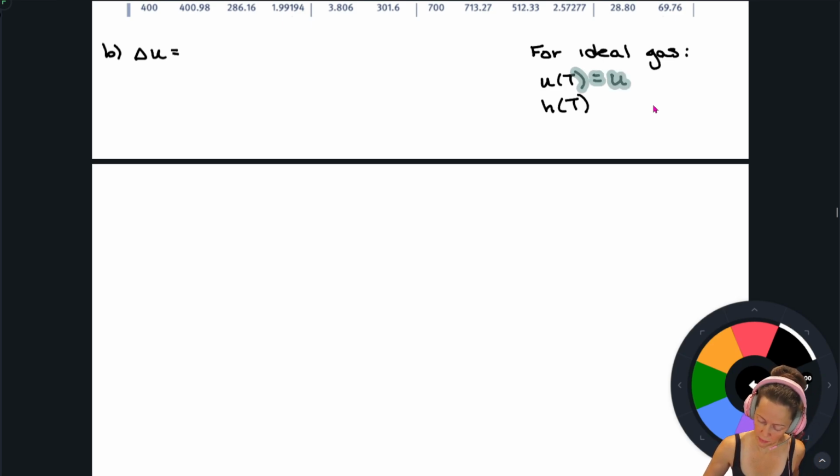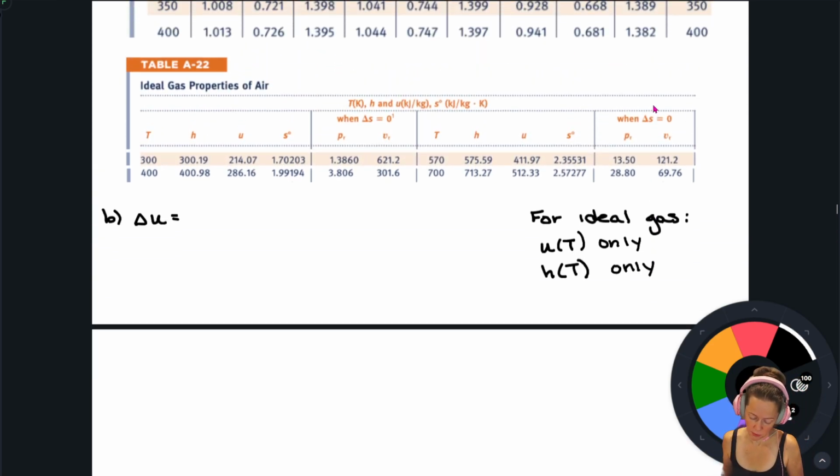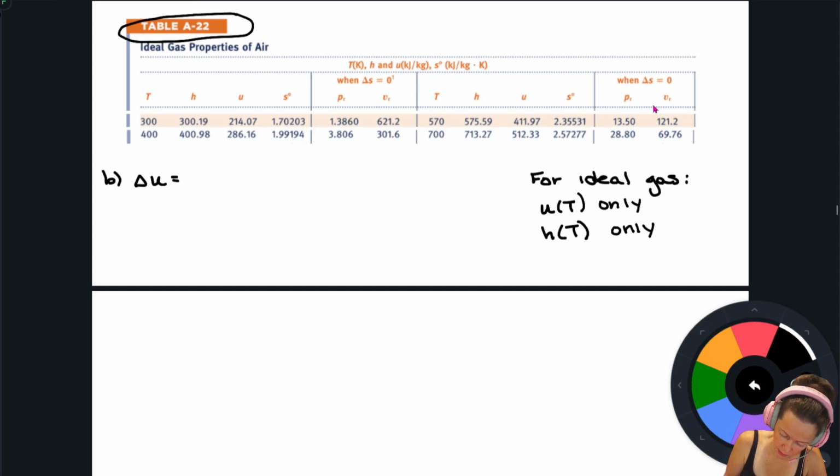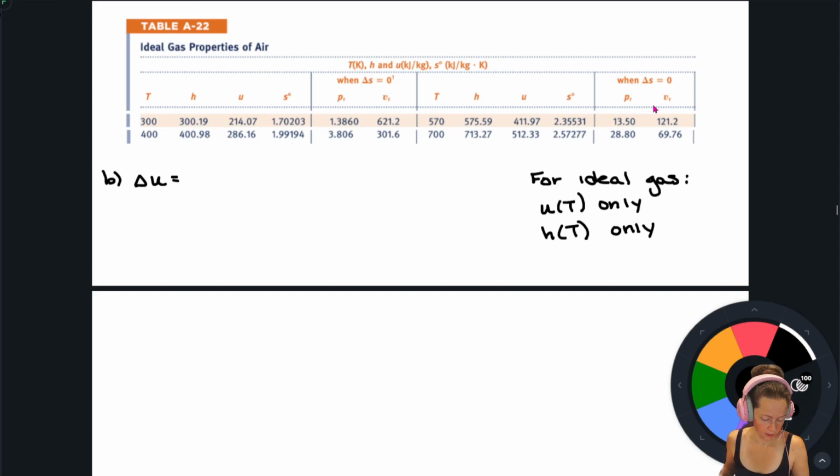I'll write this. There you go. So it's only a function of temperature. So it's only a function of one property. Meaning the only thing I need to look up properties is just one of those things. So table A22 has your thermodynamic properties for air. So our T1, remember this is T1, this is T2.